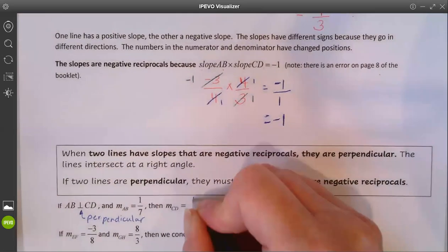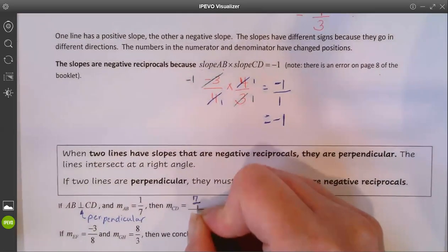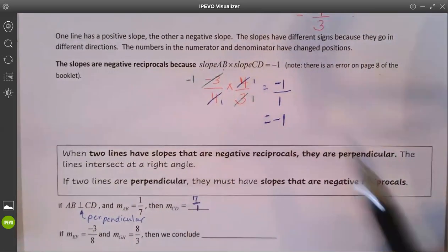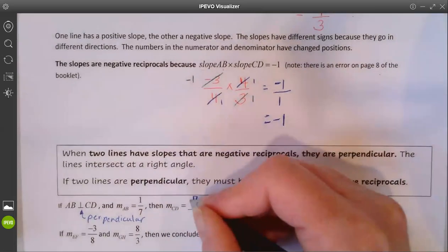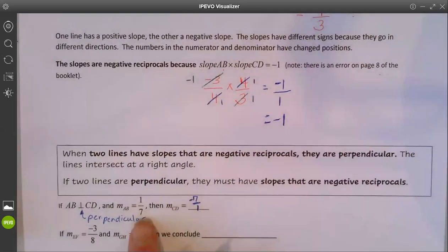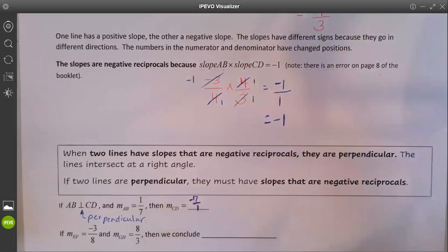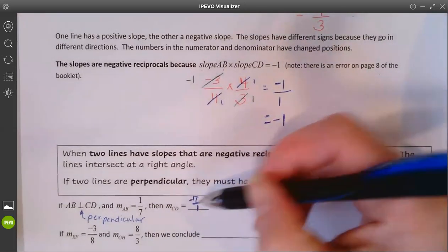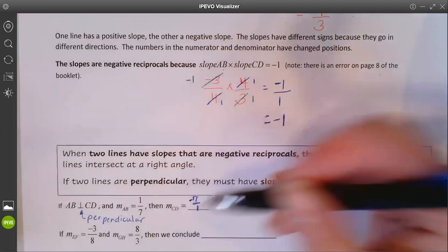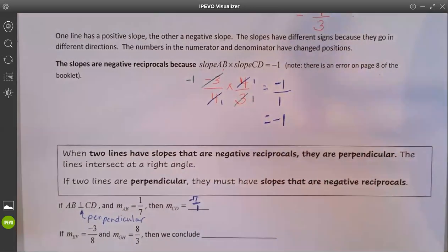So I switch the position of the numerator and the denominator, and I change the sign. AB is positive, so the slope of CD must be negative. The negative sign can go in the numerator, in the denominator, or out front. I like to put it in the numerator.